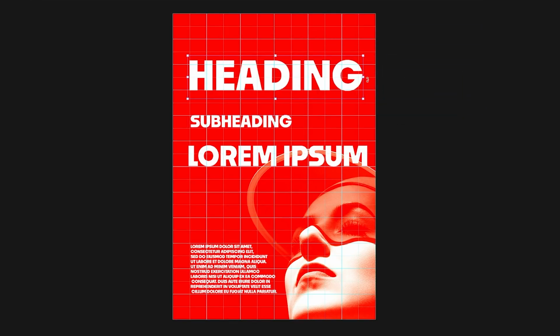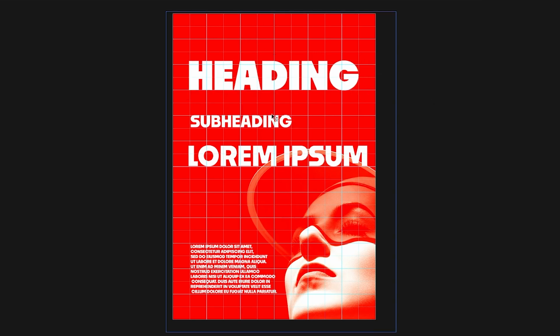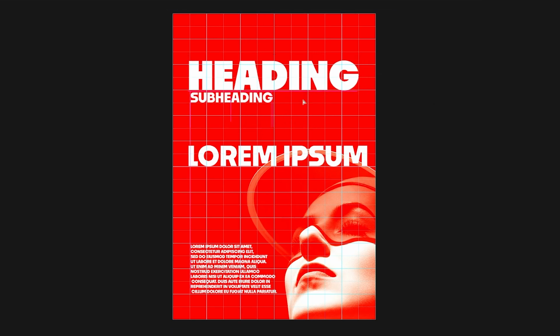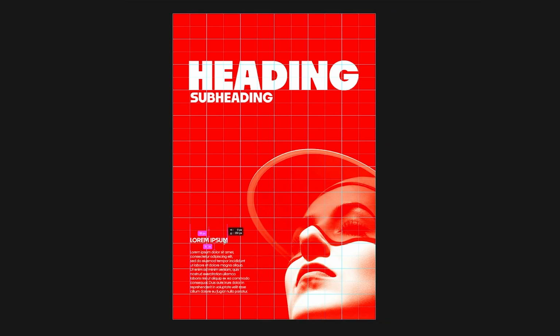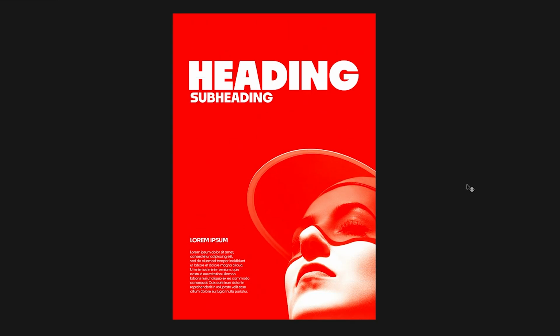To avoid it, it's very easy. You can use one font family for the whole design and play with the weight of the font. So for example, you can make the title in black, the subheading in bold, and the body text in regular. This way the design will look more cohesive, cleaner, and in general more professional.